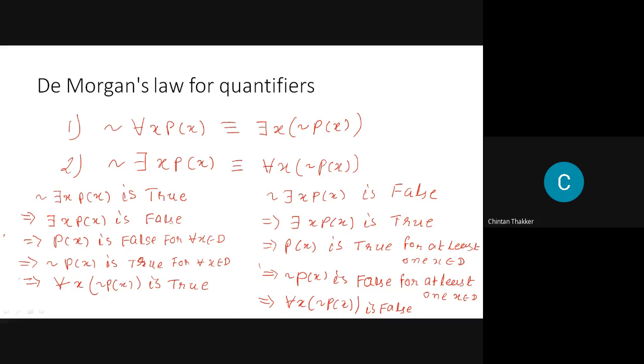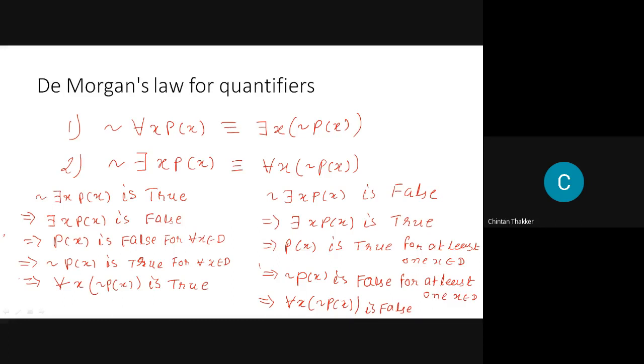There exists x Px is true only if we have Px is true for at least one x belongs to D. So we use again the negation statement that the negation of Px is false for at least one x belongs to D. Now again we use the definition of all x Px, that all x Px is false if there exists a counter example, that means Px is false for at least one x belongs to D. So here we have the negation of Px is false for at least one x belongs to D. So all x negation of Px is false.